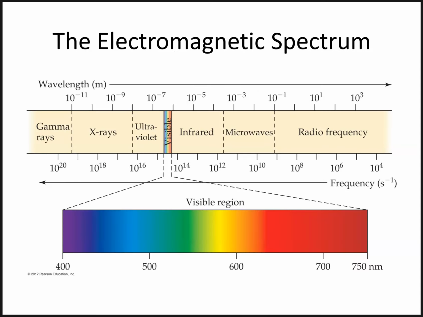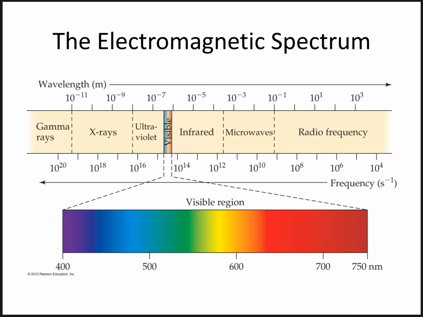Microwaves go from about 1/10 of a millimeter all the way up to 100 centimeters. So, still something we can kind of fathom, something we could measure, maybe if we had a really sensitive ruler and we could visualize these things. But the wavelengths are starting to get small.